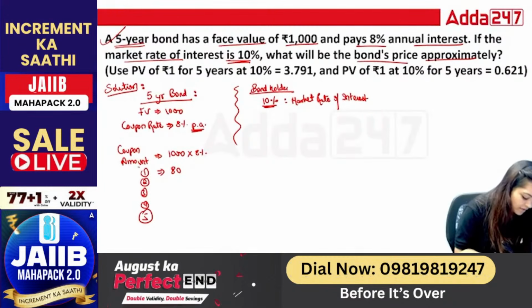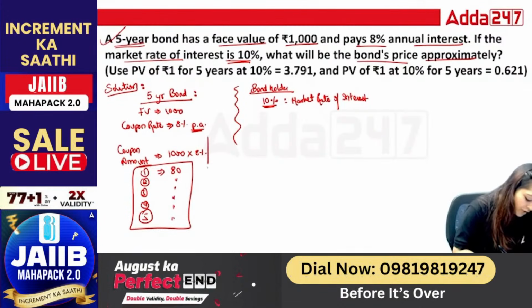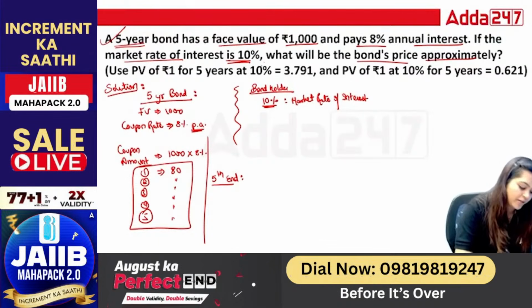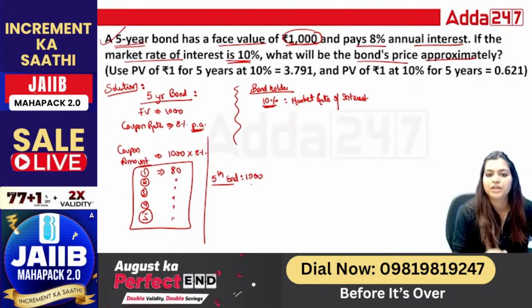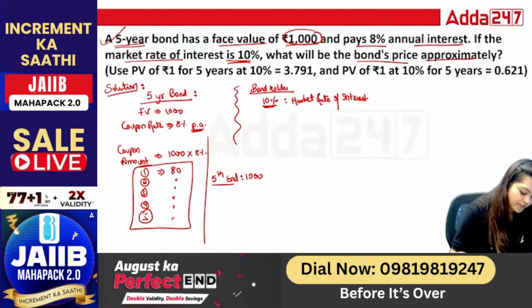Then at the end you will receive your principal amount also, 1000 only. If nothing is mentioned, we assume whatever the face value is, the same amount we receive at the end. This is the interest amount, and this is the principal amount.